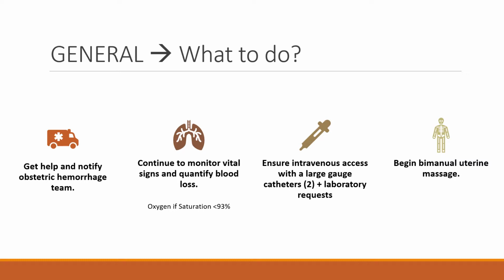As we have seen, 75% of all PPHs are because of uterine atony. So we have to palpate the uterus, and if it's soft, we have to start immediately with bimanual uterine massage.